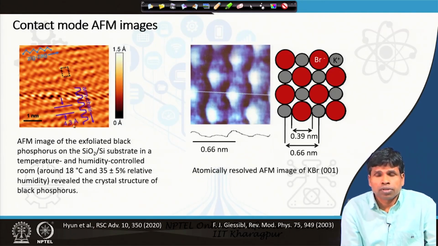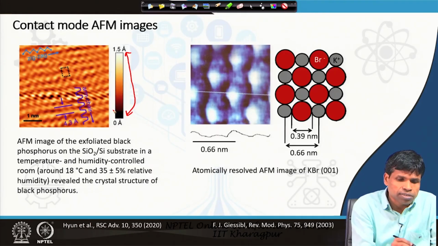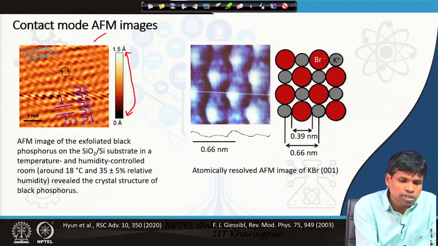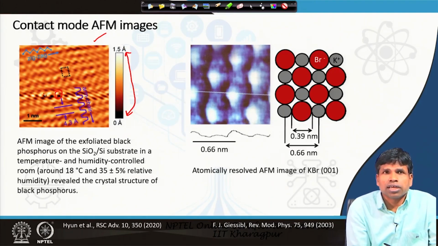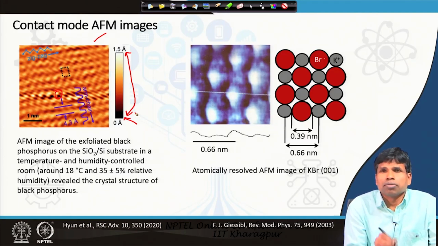And this right side scale, this brightness contrast scale, is from this image, where there is a higher brightness that is above the sample, close to the tip, and where the darker contrast is, that is at the bottom of the sample, the deepest part of the sample.